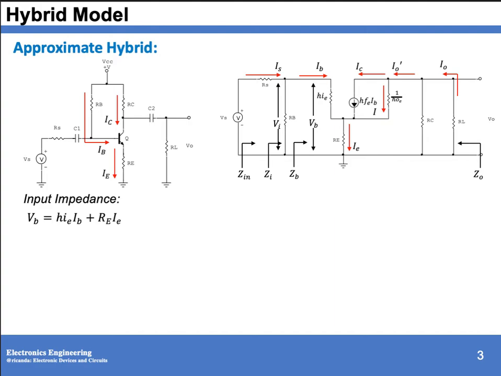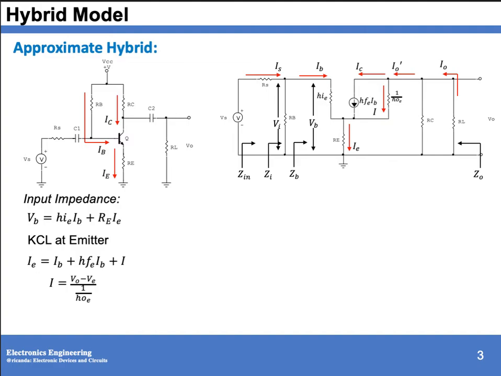Then getting the equation of IE at the emitter, we have IE equals IB plus HFE IB plus I. And our I goes from BO to BE. Therefore, I equals BO minus BE all over 1 over HOE.